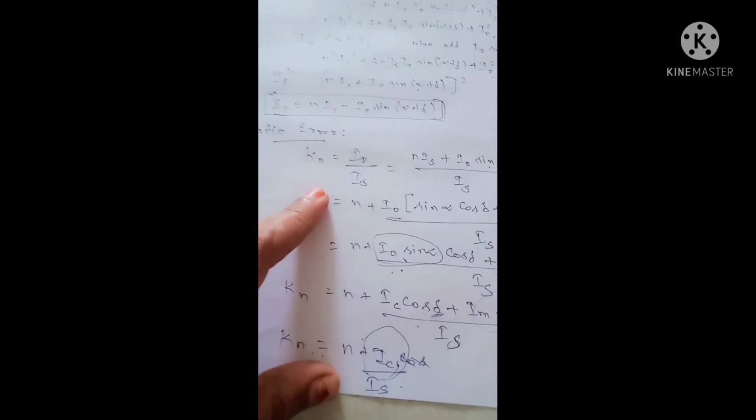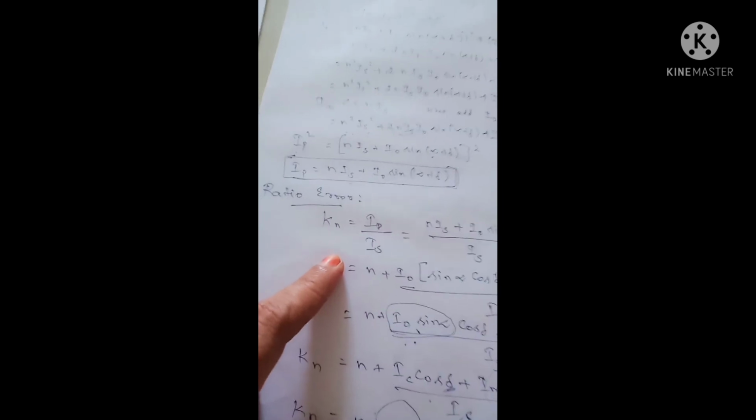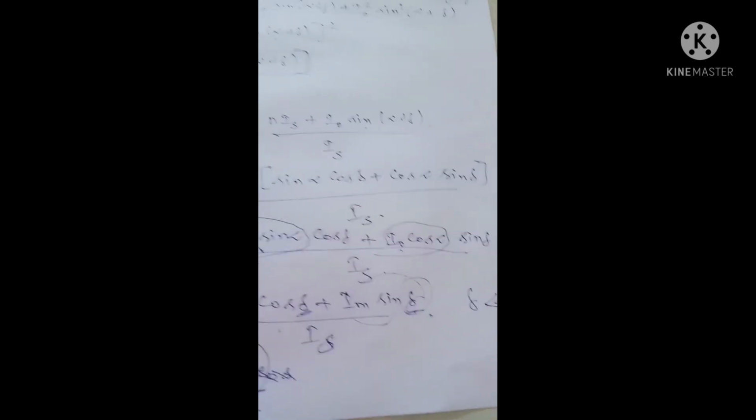Kn should always be equal to N, which is the ratio I1 by I2, that is IP by IS. But practically in a current transformer, Kn will not be equal to N but depends upon the core loss component.